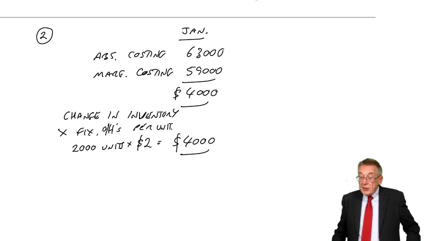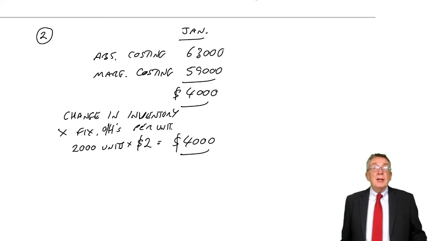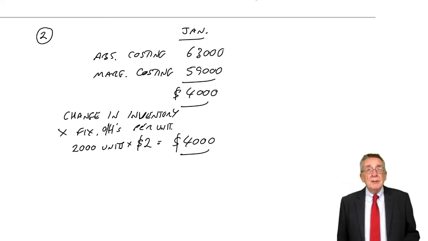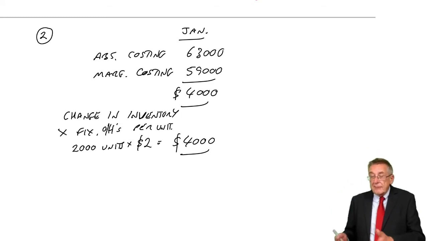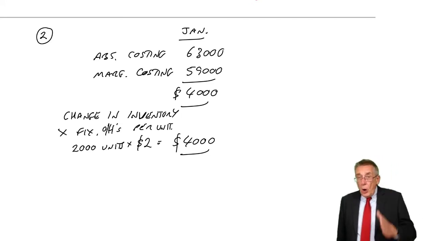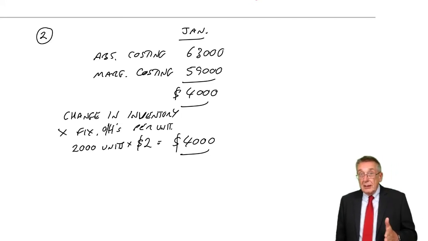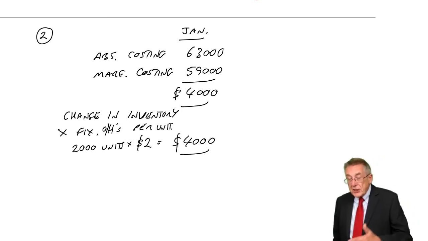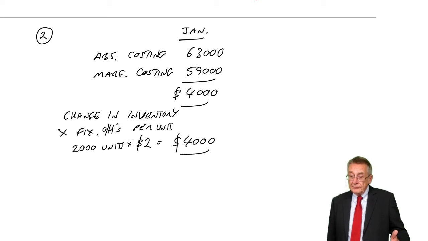You know, plenty of questions say something like, the profit using marginal costing is 59,000. What's the profit using absorption costing? And they give you details of the inventory and fixed overheads. The only difference ever between the profits is the fixed overheads in the inventory.